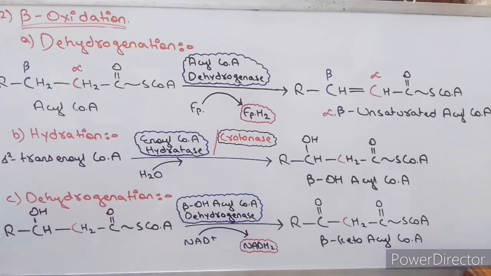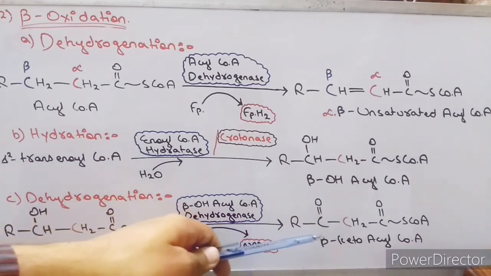The next reaction again is dehydrogenation, in which, from the beta hydroxy acyl coenzyme A, the hydrogen of the hydroxyl group attached to the beta carbon and the hydrogen which is attached directly to the beta carbon get removed.